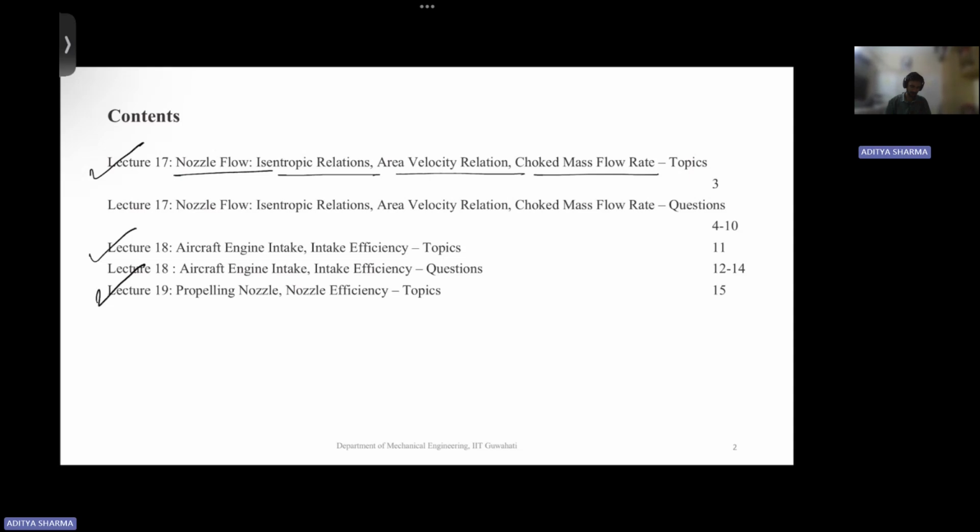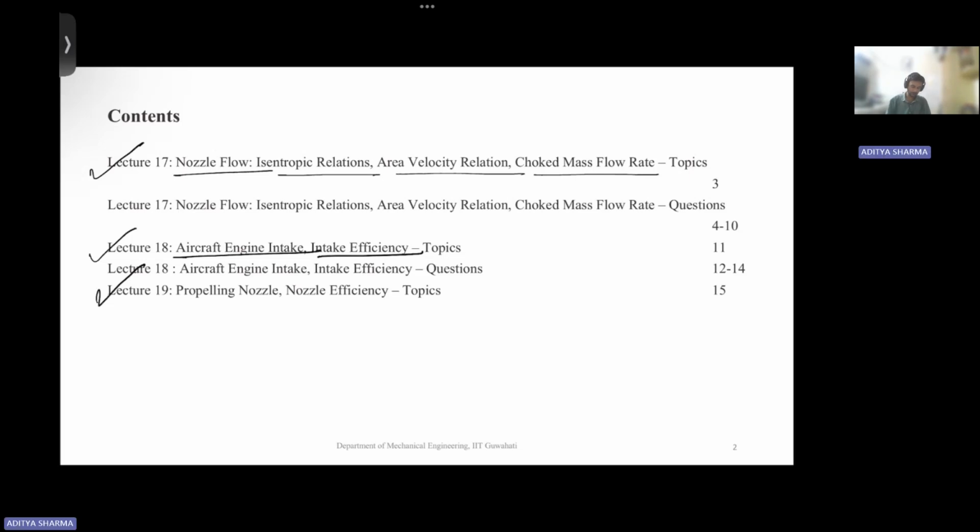Next is intake, the aircraft engine intake, and then the efficiency of the intake has been discussed: ram efficiency and intake efficiency.